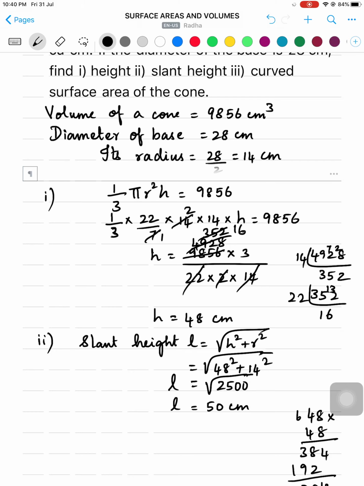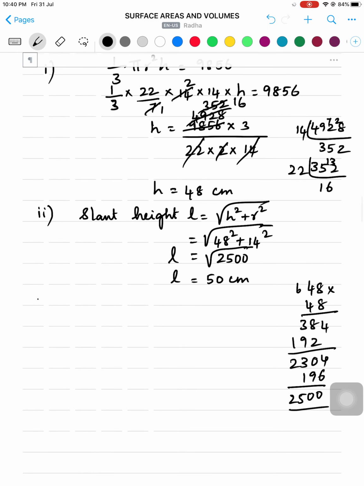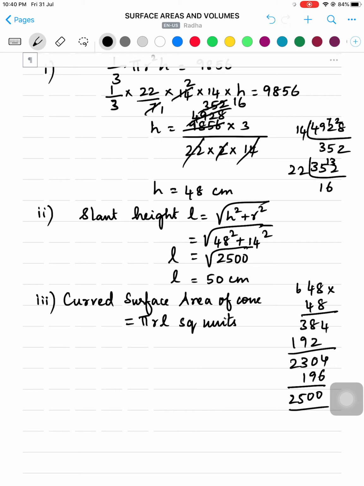Now they are asking you to find the curved surface area of the cone. What is the curved surface area of the cone? What is the formula? CSA of the cone, that is nothing but pi RL square units.